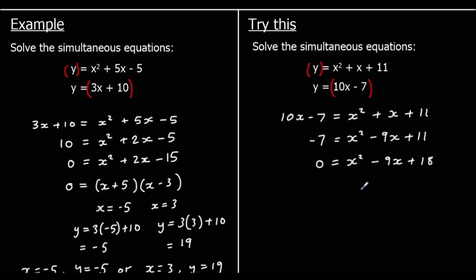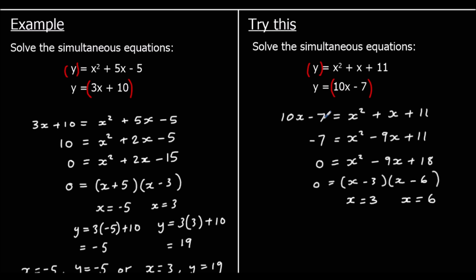Again, we can factorize this. So what multiplies to make 18 and adds to make a negative 9? That would be negative 3 and negative 6. x can be 3 or x can be 6.